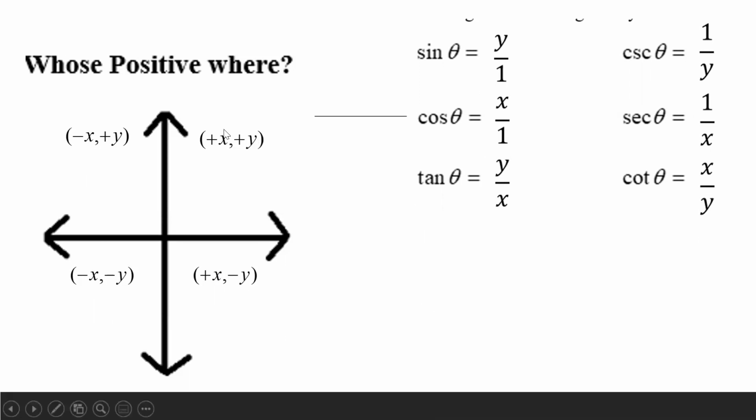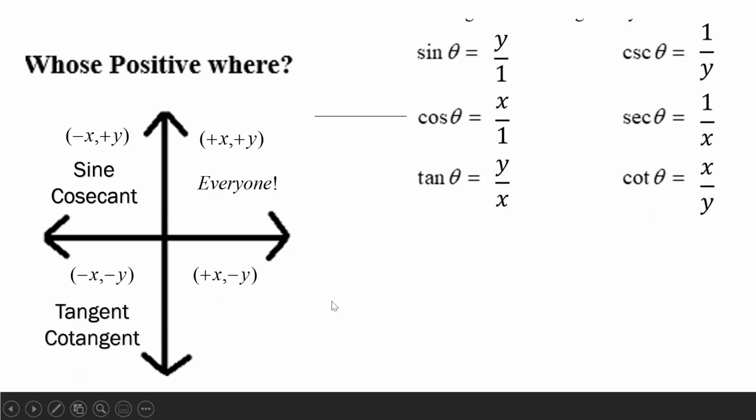So who's positive where? It's a party in quadrant 1. Everyone's positive in quadrant 1. Quadrant 2, only the y value is positive, so that would mean that only sine and cosecant are positive in quadrant 2. Negative and negative: the only way to get a positive is if you divide a negative by a negative, which means tangent and cotangent are positive in quadrant 3.